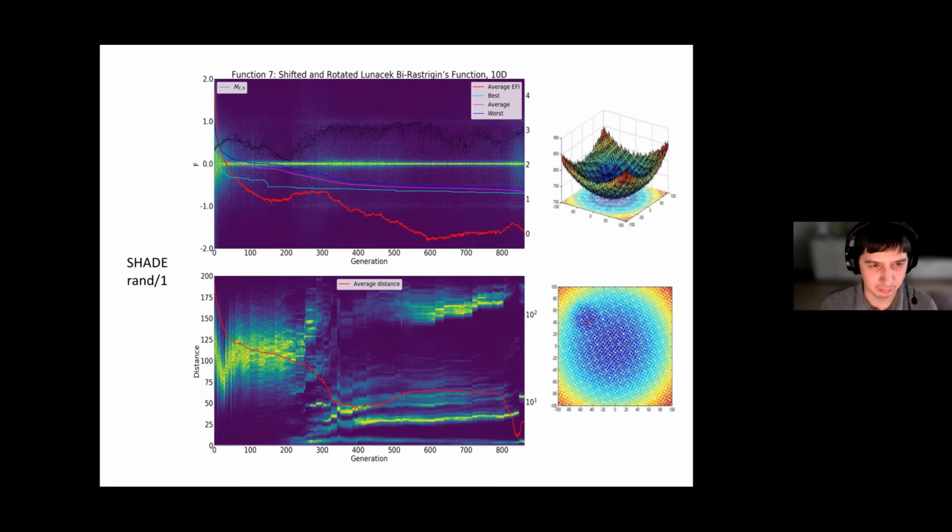But also you can see maybe 2 lines close to F equal -1 and F equal 1. This is also an interesting part. And on the distance histogram, you can see that the population is split into several subgroups. This is very well seen that they are separated by distance.